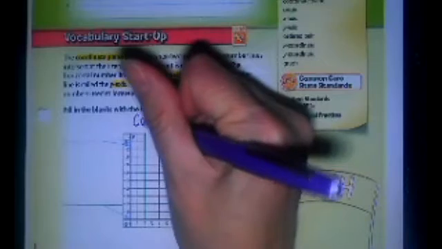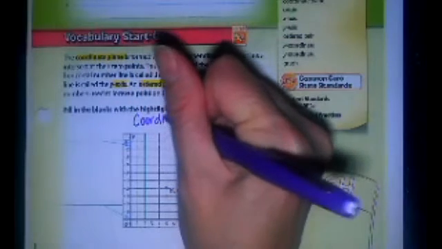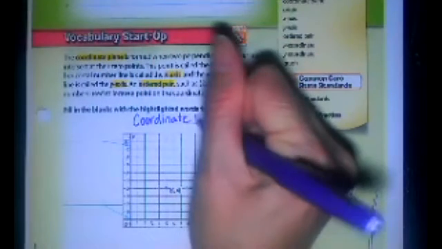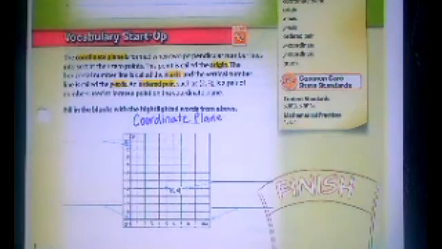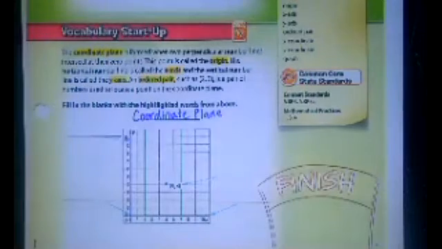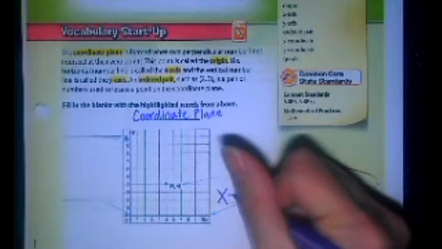Okay. So a graph itself is called the coordinate plane. And then the horizontal line, horizontal is flat, is the x-axis.